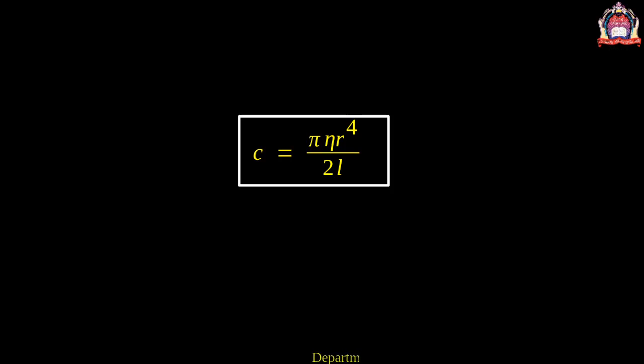Then we get C equal to pi n divided by twice L into R2 raised to 4 minus R1 raised to 4.